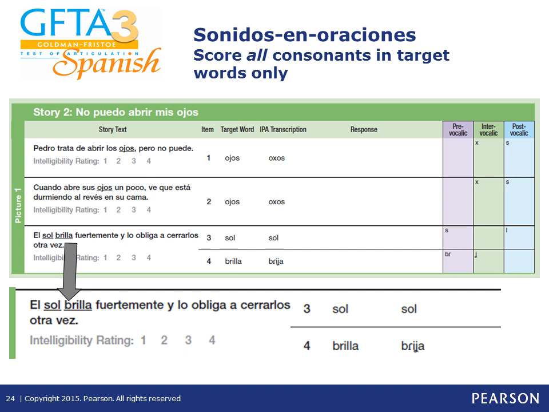So if you see the example with the arrow, the target words in the sentence are sol and brilla. To the right, you can see that there's a space to record errors in both the S and L consonants in the word sol, and likewise with the cluster and the consonant in the word brilla.